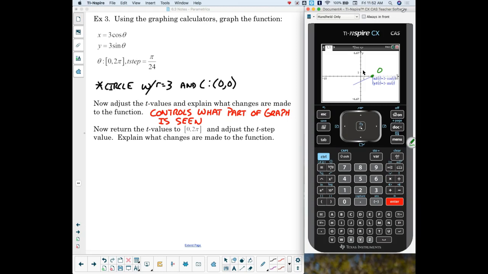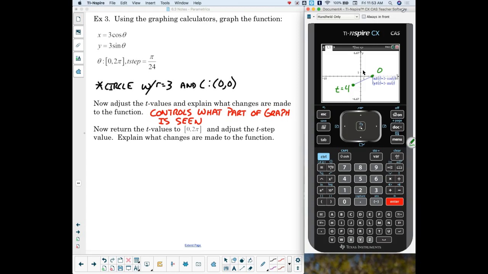Then it's going to go 4 more radians away, and calculate it here at t equals 4. Then it's going to go 4 more radians, but that's outside the range, so it's got nothing else to calculate. It only calculated 2 points, and it's got to connect them, because it's a function. So it connects those 2 points.